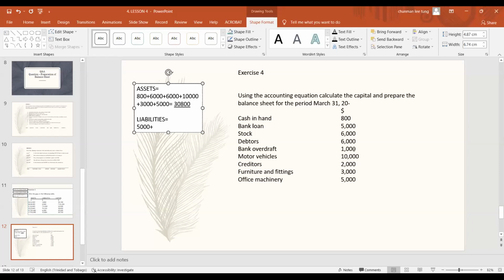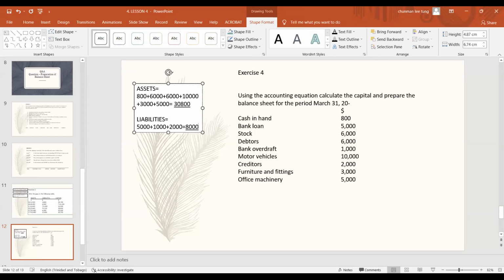Bank overdraft is a current liability because you're going to come across it in the question where you have to apply it. Bank overdraft is a current liability. So we're going to add in there bank overdraft, which is $1,000. And we also have creditors, which is $2,000. When you add everything there, you're going to come up with $8,000.